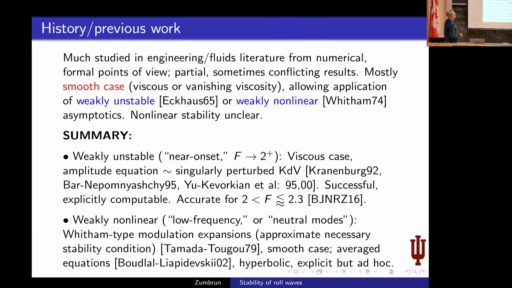So what do we know? Well, I've already said there are kind of conflicting results, although one thing that people had worked out is near the onset of instability, near Froude number 2, when you have just weakly hydrodynamically unstable waves, then adding in viscosity, you get into the regime of Kuramoto-Sivashinsky and other thin film approximations.